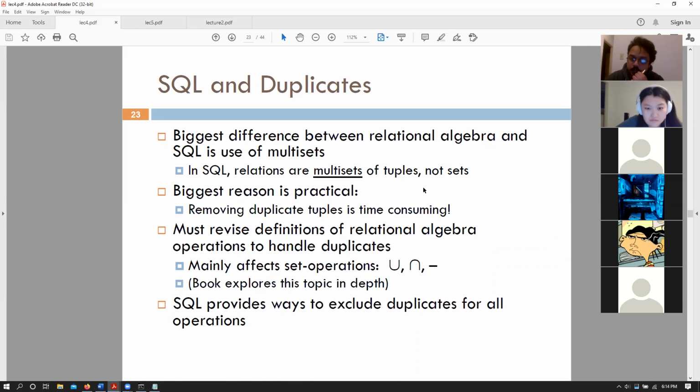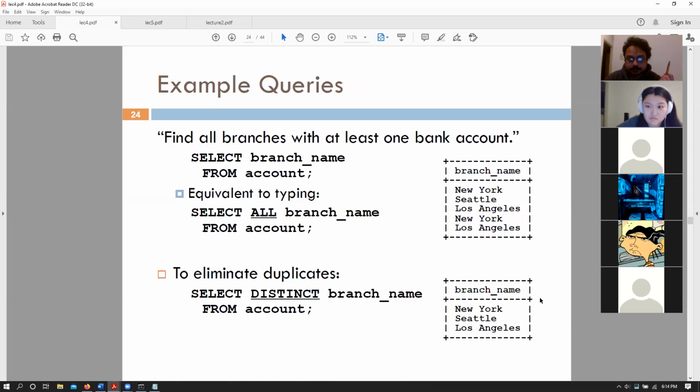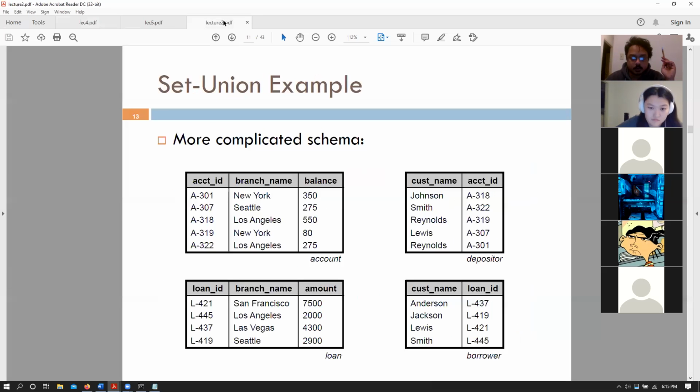The only places where SQL maintains set-type behavior are when we are using our set operations, that is union, intersect, and difference. So for example, let's say we had the account table, select branch name from account. Let me go back to this.